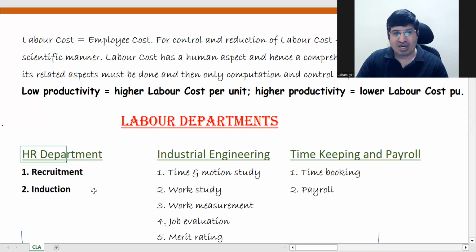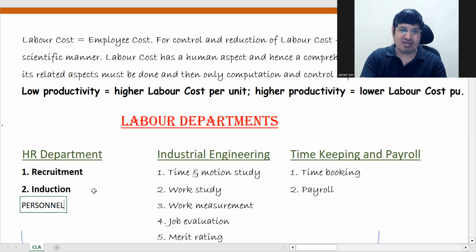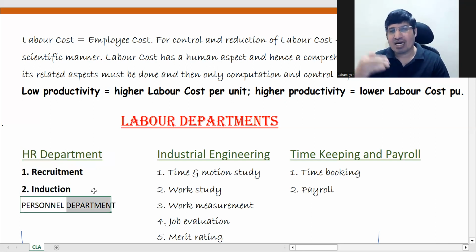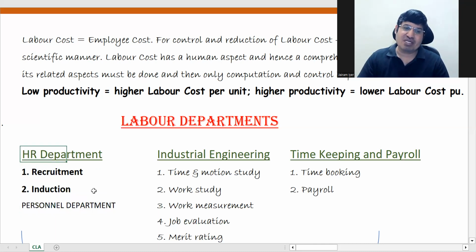Now there is another department called personnel department. In organizations where you have both HR and personnel department, personnel will work under the HR department. If HR department is not there, you can sometimes see only personnel department. The personnel department will be more like your HR department if only personnel is there.